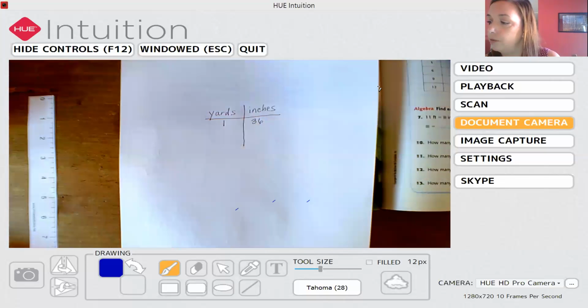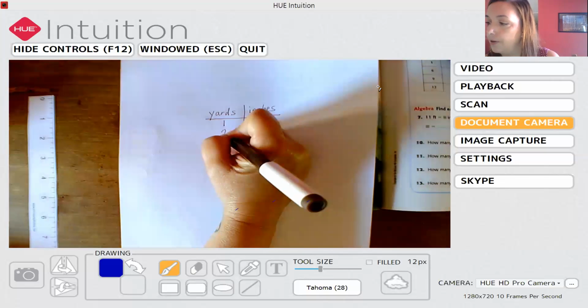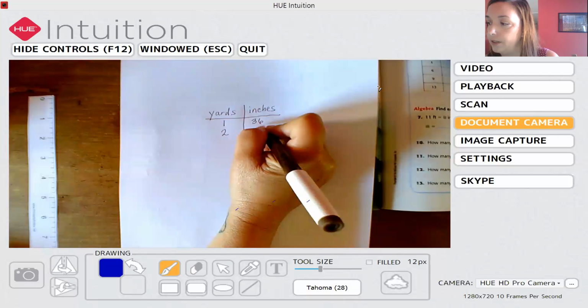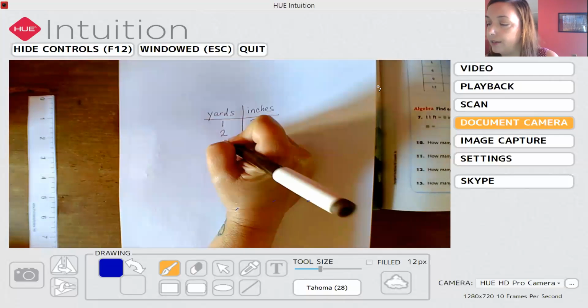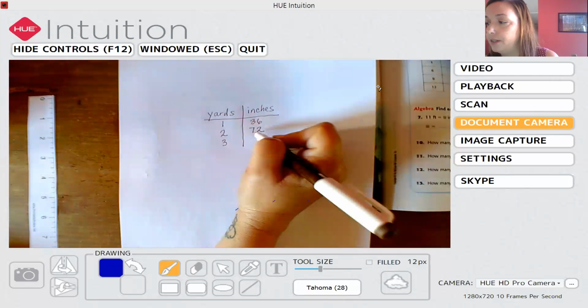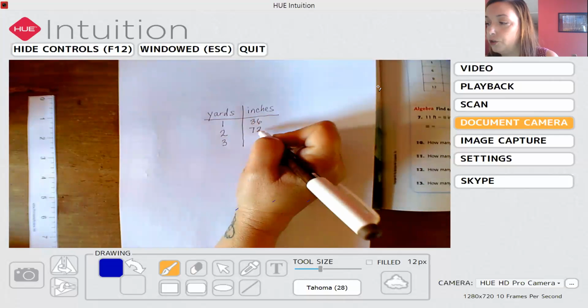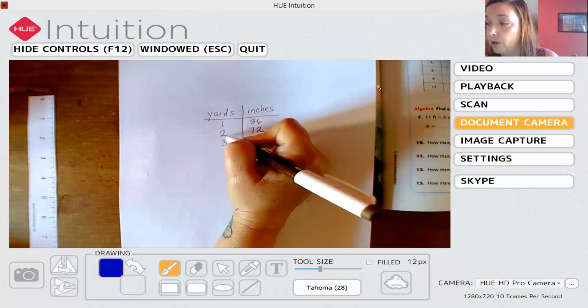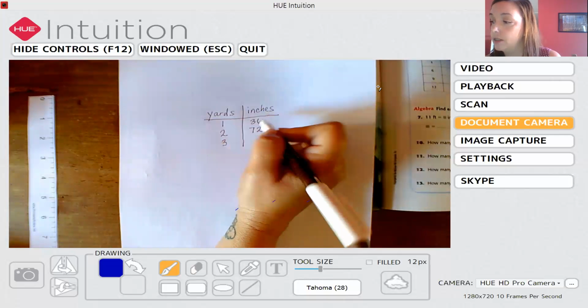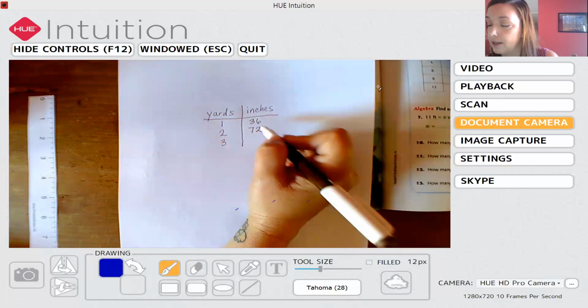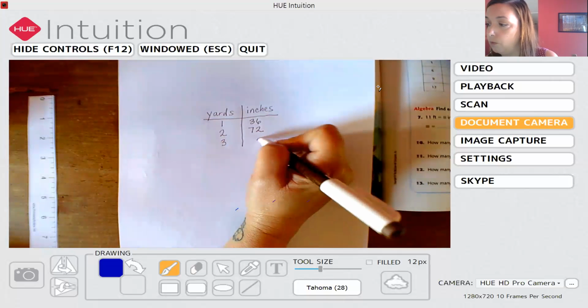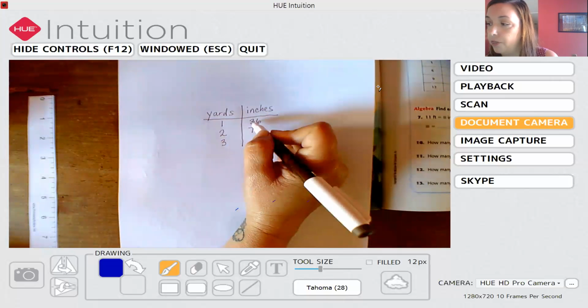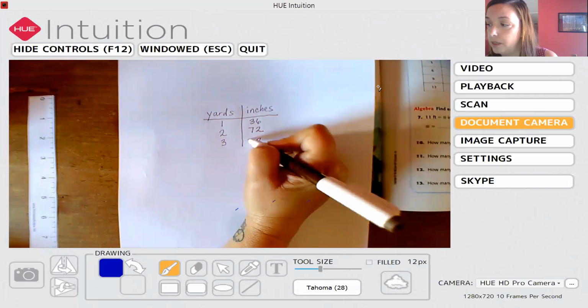So now if I double that, 36 times 2 is 72. So now if I do 3, I can think, well, 72 inches is for 2 yards, plus 1 more yard would be 36 inches. So I can add 36 and 72. So my 6 ones and my 2 ones, that would be 8 ones, and my 3 tens and 7 tens would be 10 tens.